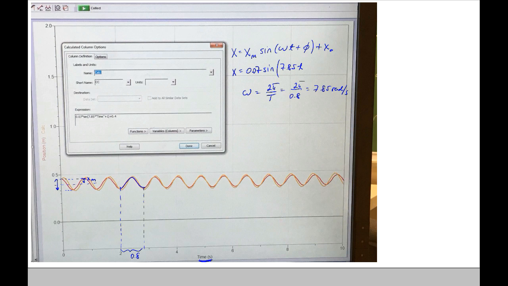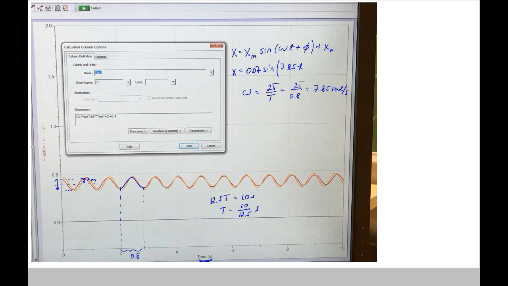So for 12.5 periods, it took 10 seconds. Then one period is about 10 divided by 12.5 seconds. So that's a little more accurate. Again, we're just trying to make estimates here, so it doesn't have to be very precise, but my wave is pretty good.